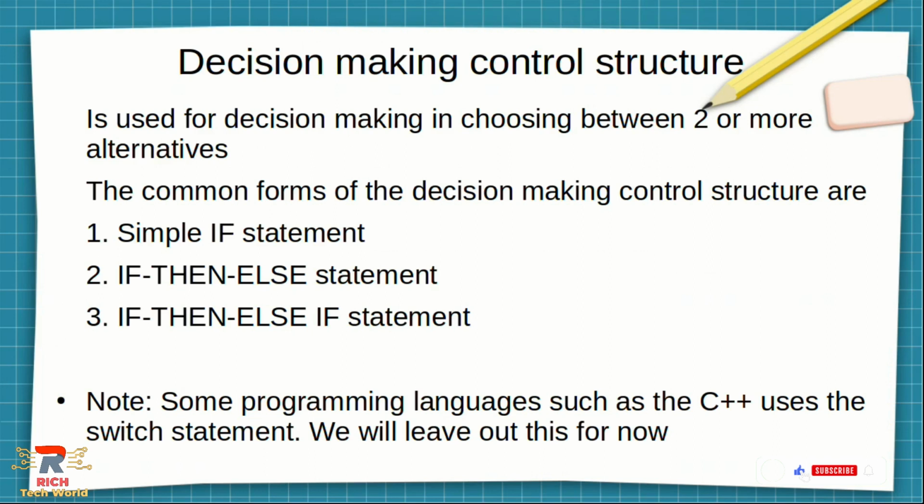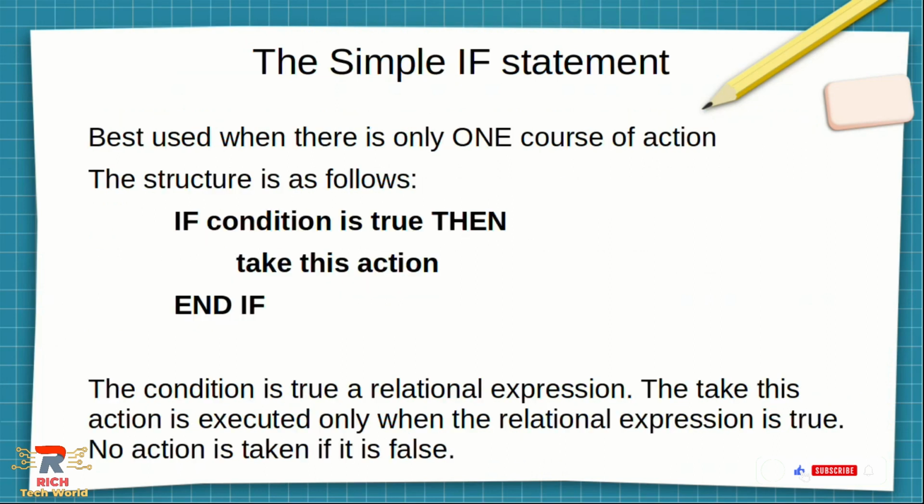So let's talk about the first, the simple if statement, which is best used when there is only one course of action. Let's take note of that. For the structure, or how we use it in structured programming, first of all you write if condition is true, then the action that will be taken is under the if, then you end the whole if with the end if statement.